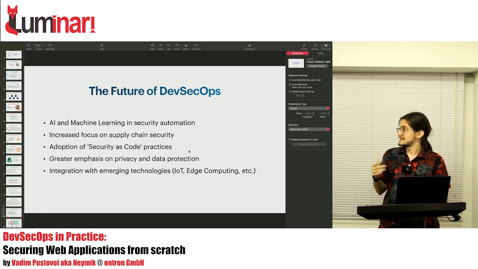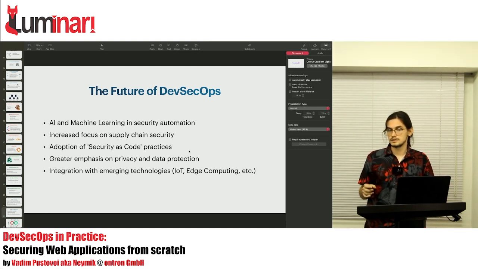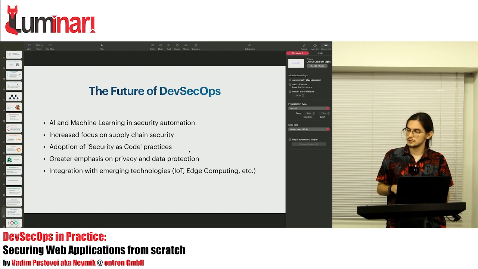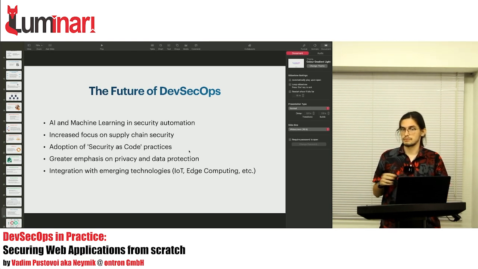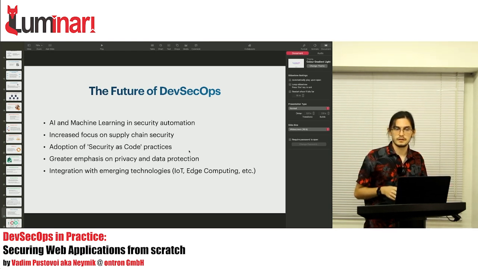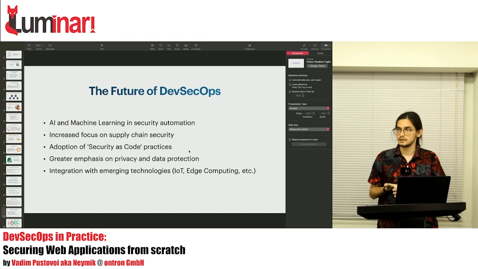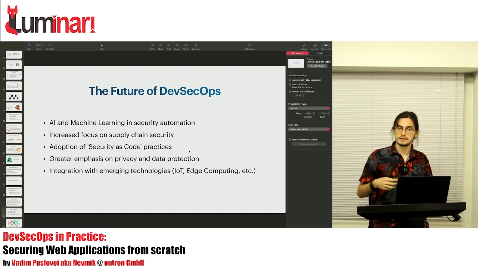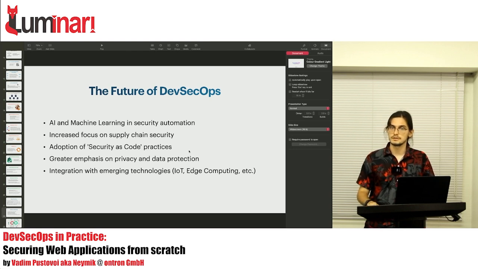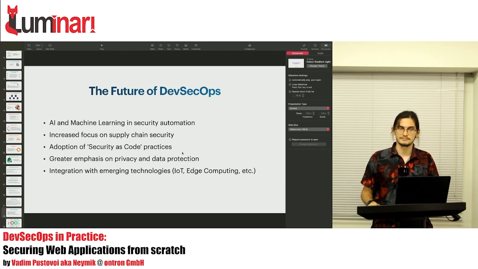I listed just the key principles, but I think we could measure each of the approaches independently and check what is better or what we should integrate first in different environments. Yeah, if that answers your question.